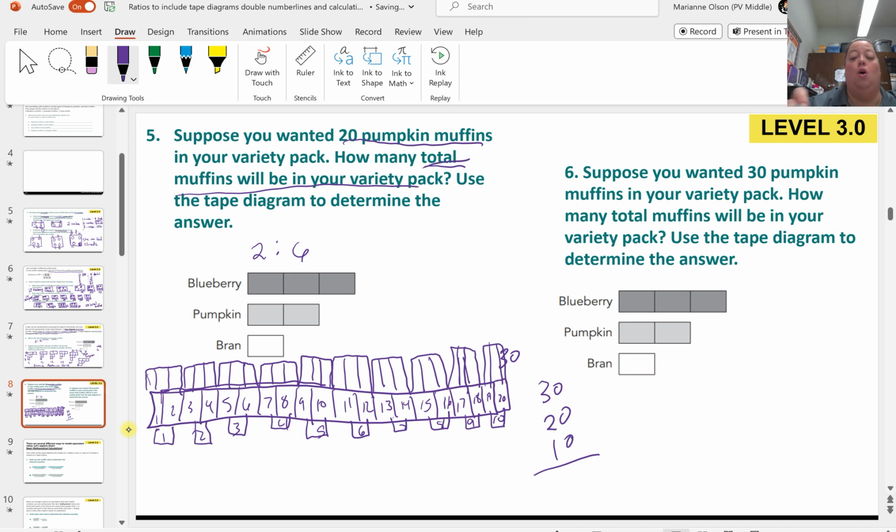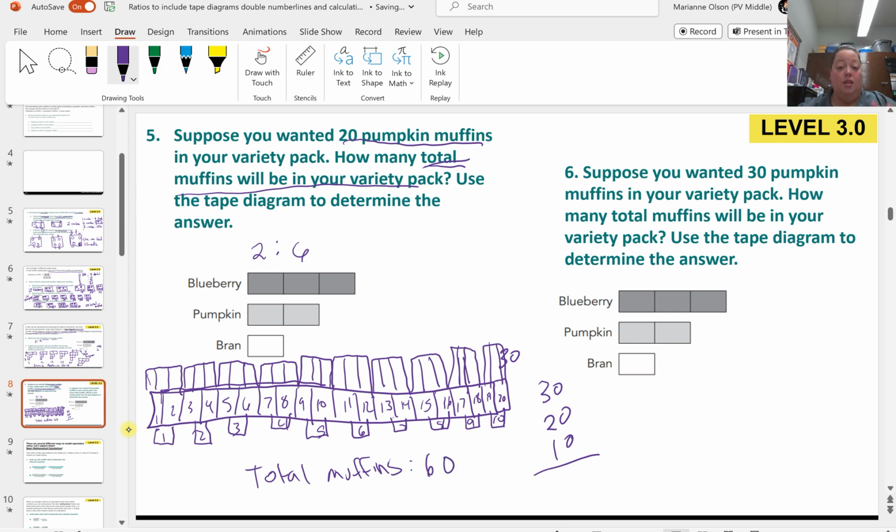It's asking me for the total muffins. And again, I can use my calculator. My total muffins in my variety pack would be 60.